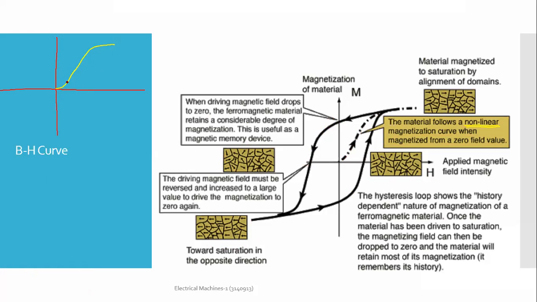One point is here, which I will call the A point. The other is the K point, and these A and K points are the ankle point and knee point of the BH curve, or the magnetizing curve.